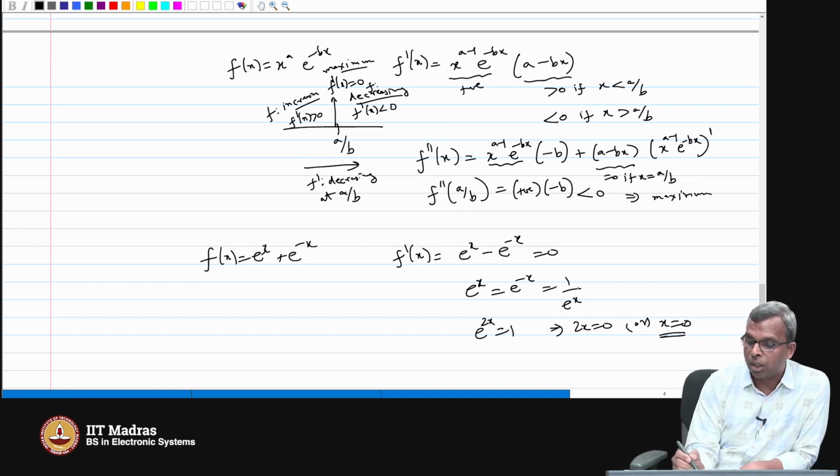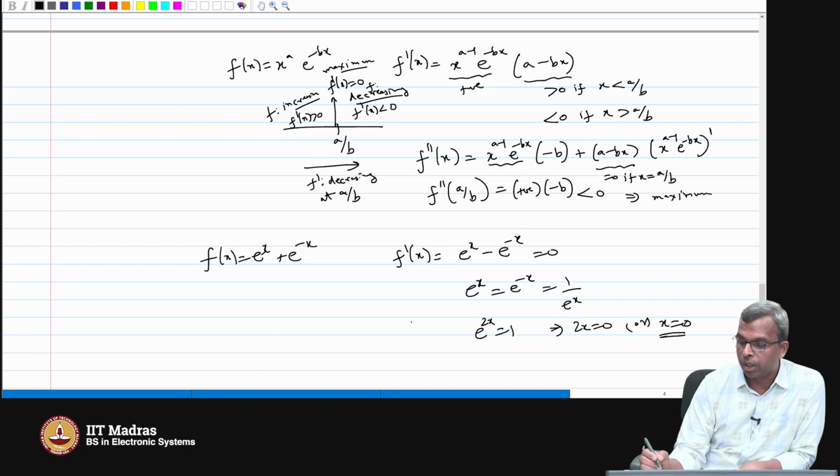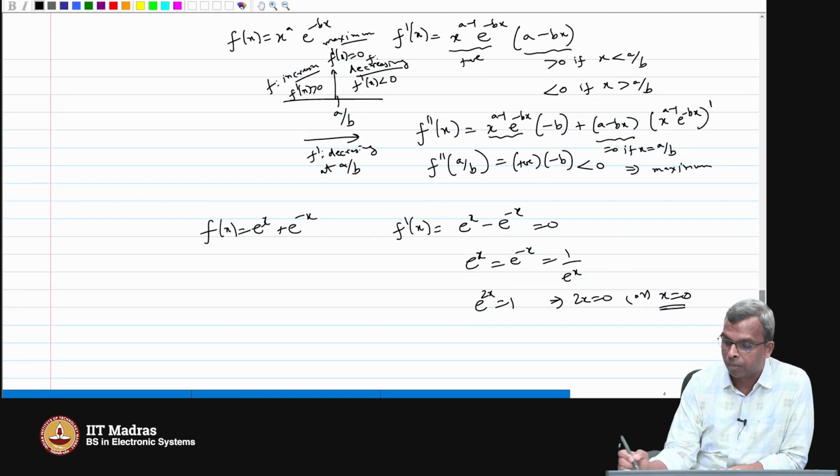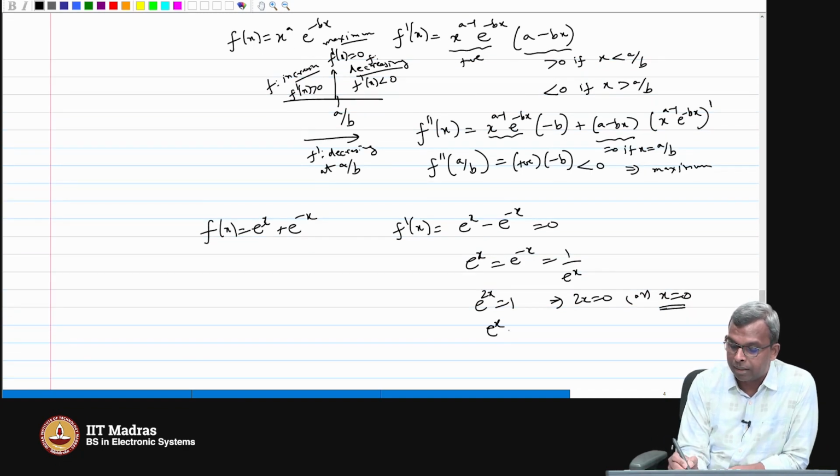If x is 0, this is 0. If x is positive, e power x minus e power minus x is greater than 0 if x is greater than 0, equal to 0 if x is equal to 0, and less than 0 if x is less than 0.